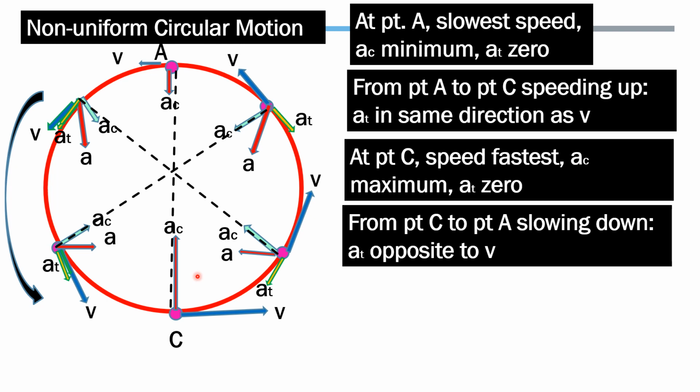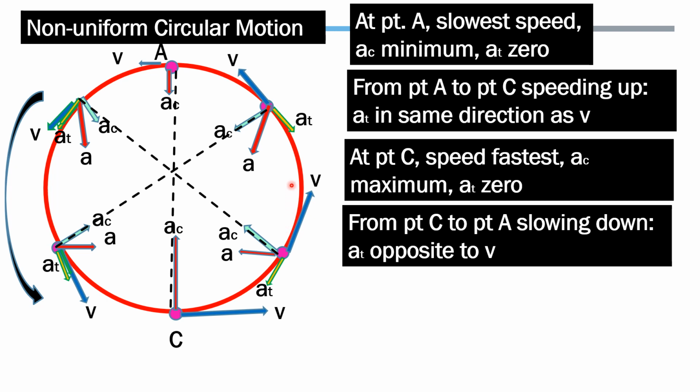Because of the decrease in the magnitude of the tangential velocity, there is a tangential acceleration that arises at any particular point. This time, the direction of the tangential acceleration is opposite to the instantaneous direction of the tangential velocity. And we can see therefore that from point C up to point A, that tangential acceleration is negative.